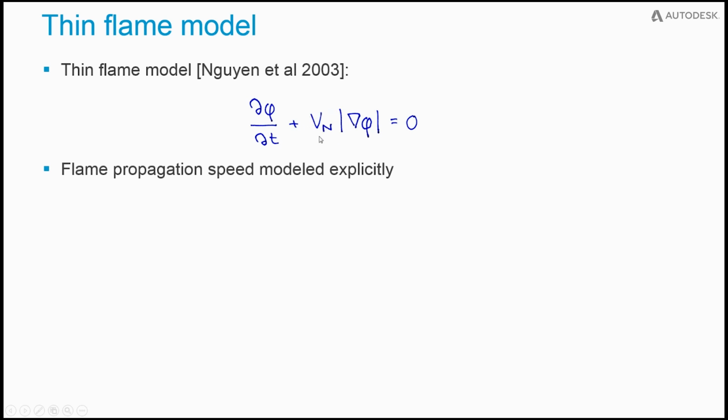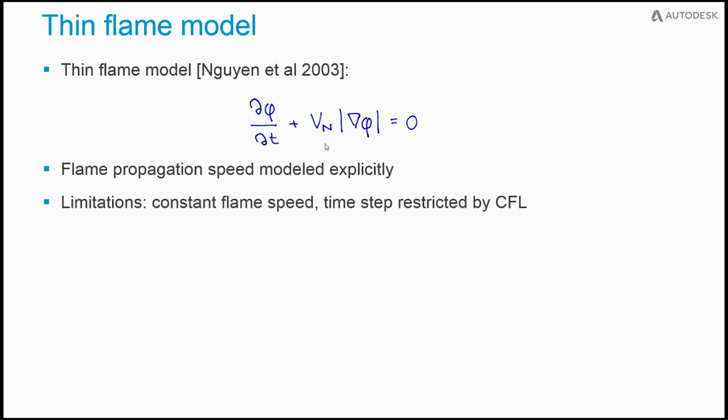And Vn is the flame propagation speed. Now, in the 2003 paper, they used constant flame propagation speed. They evolved the equation over time with a method that had a strict CFL condition. Now, this is a very accurate approach, but it has also the limitation of the constant flame speed.